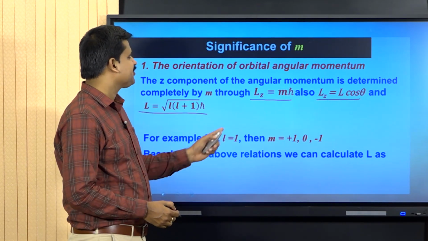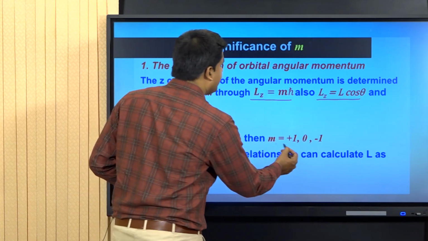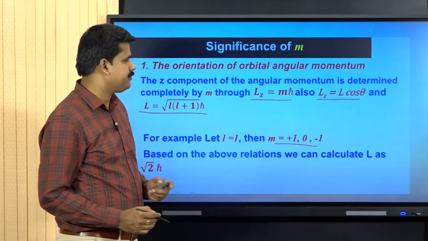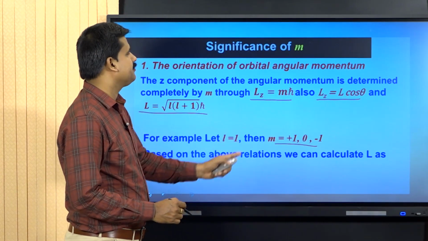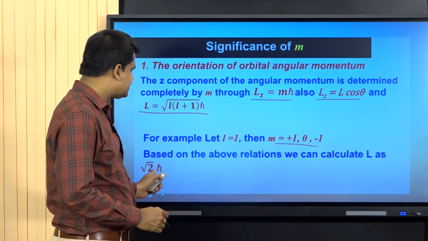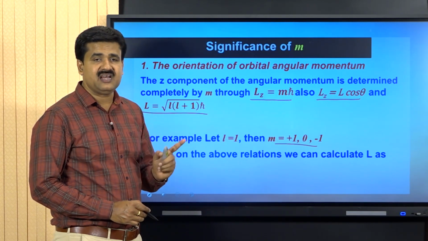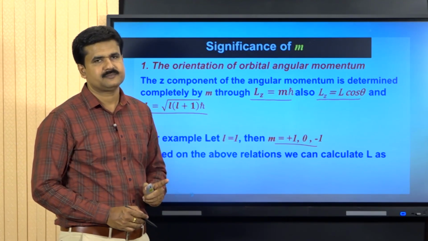For example, let l is equal to 1. Then the probable values of m are plus 1, 0 and minus 1. Based on the above relations, it can be shown that L, the total angular momentum, is numerically equal to under root 2 ħ.